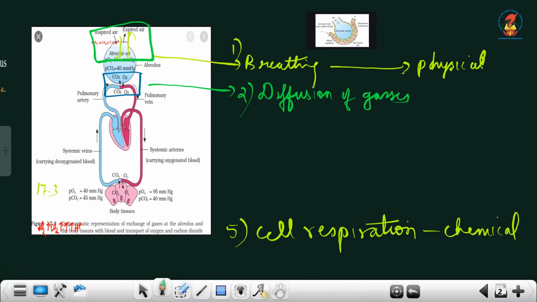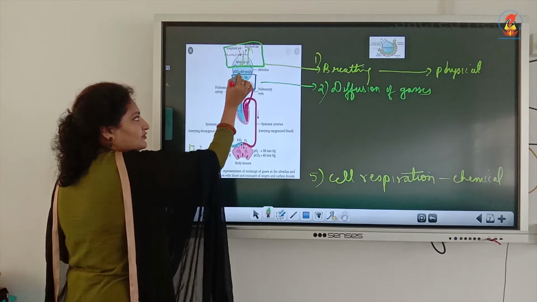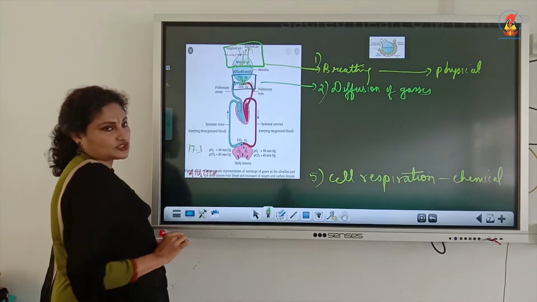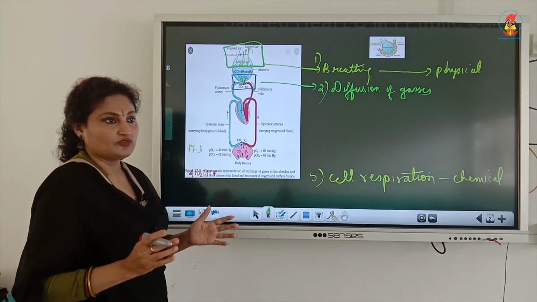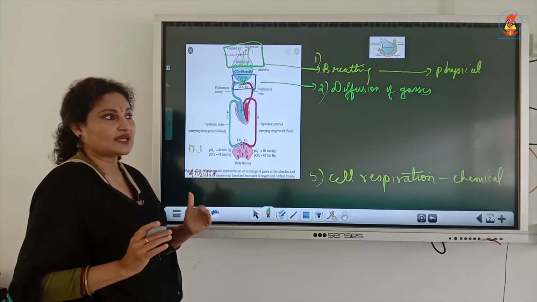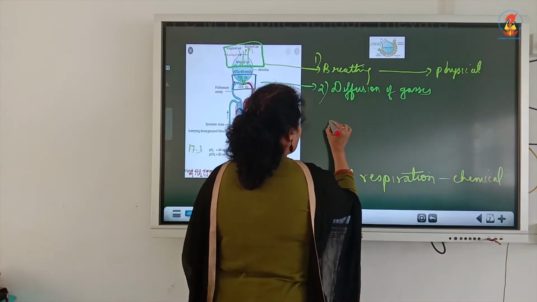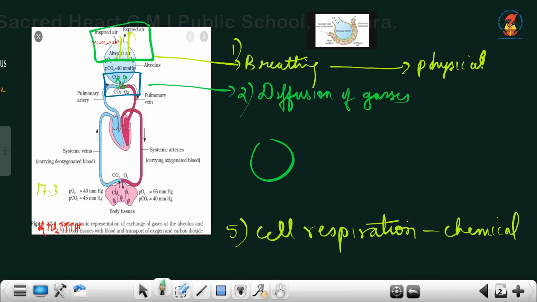Now, to be more specific, carbon dioxide from the blood gets into the alveolus, and oxygen from the alveolus gets into the bloodstream. Need not bother which blood vessel. Remember, it is between the alveolus, the air space in the alveolus, and the blood in the blood vessel.